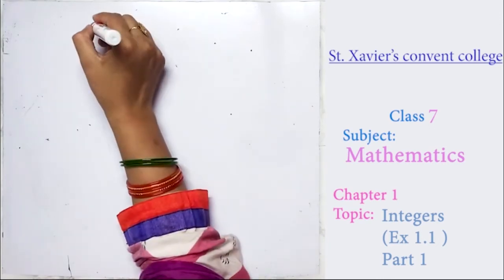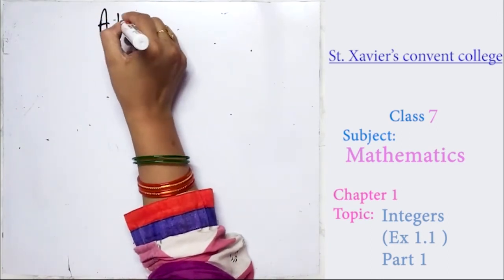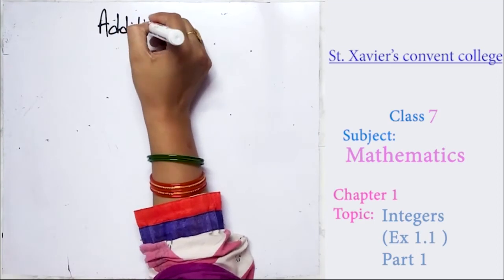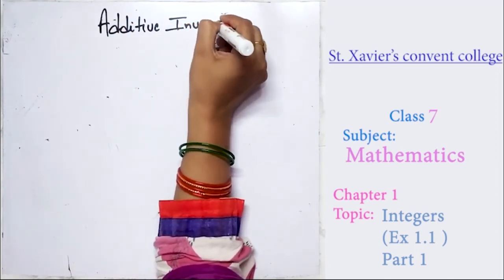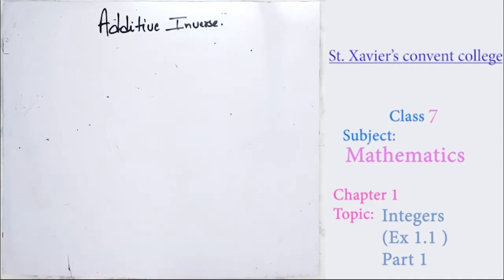Now the next property is the additive inverse. To any element, if you add the element of its opposite sign, that is called the additive inverse.